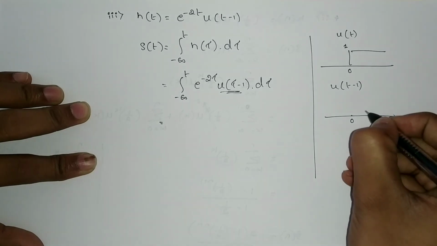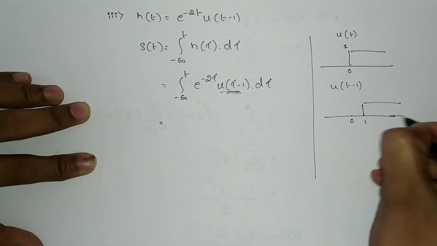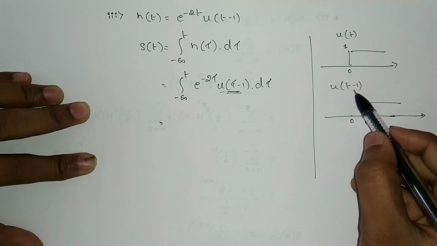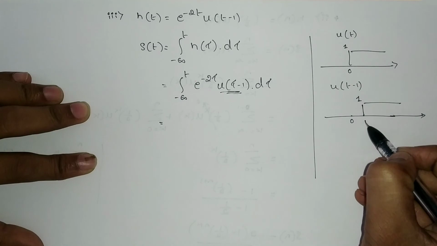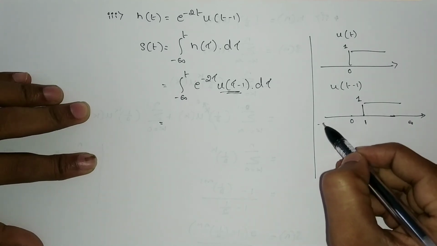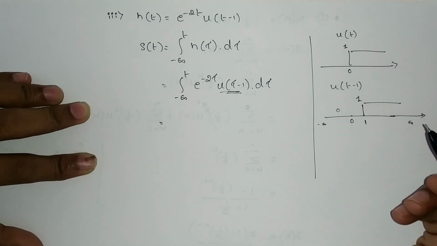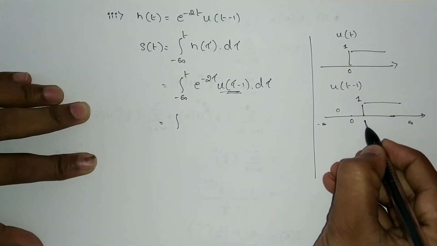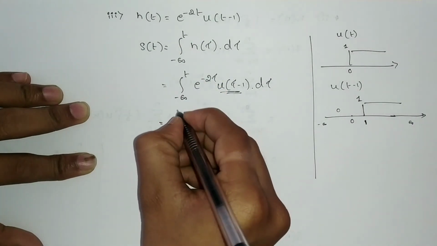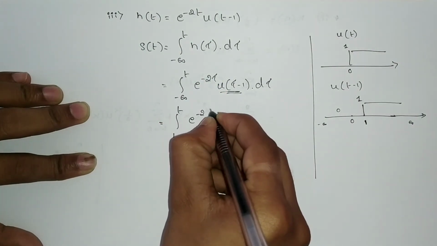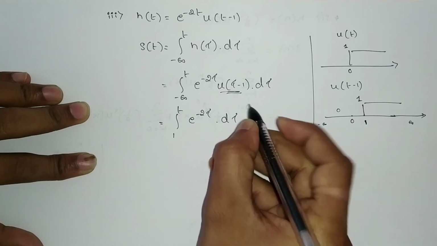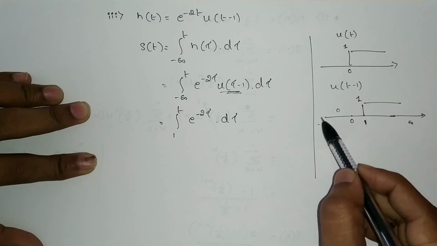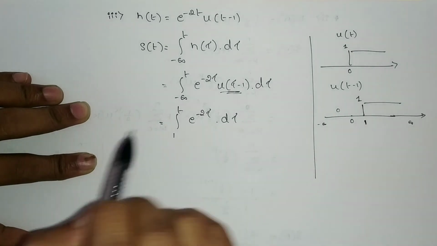It should have started at 0, but now it is starting at 1, delayed by 1 unit with an amplitude 1, which means the value of u of t minus 1 is 1 between 1 to plus infinity, and between minus infinity to 1 the value is 0. Therefore the limit starts from 1 to t e power minus 2 tau into d tau. The value of u of tau minus 1 between 1 to t is 1, and before that the value is 0.